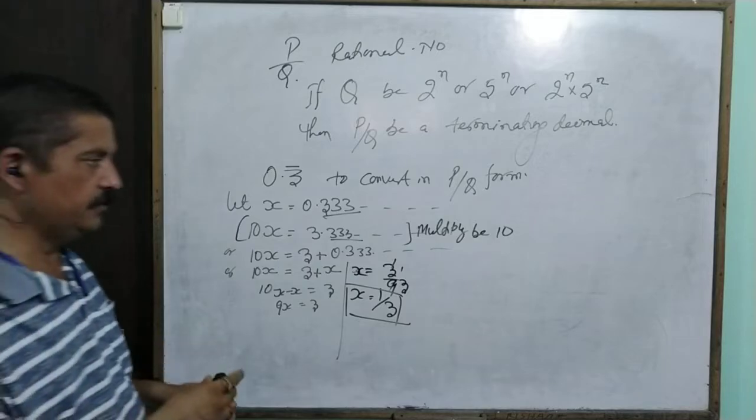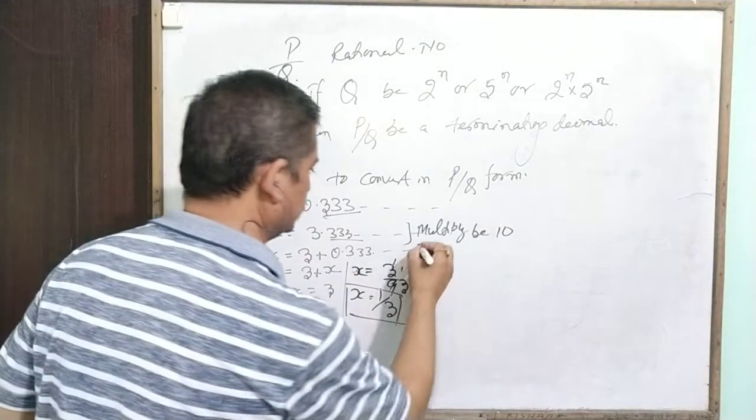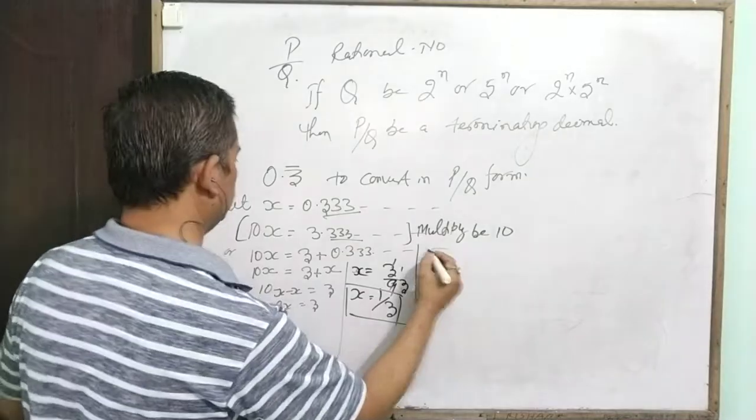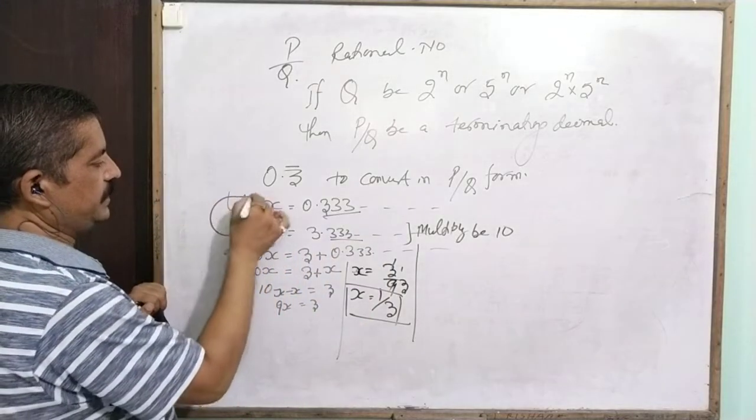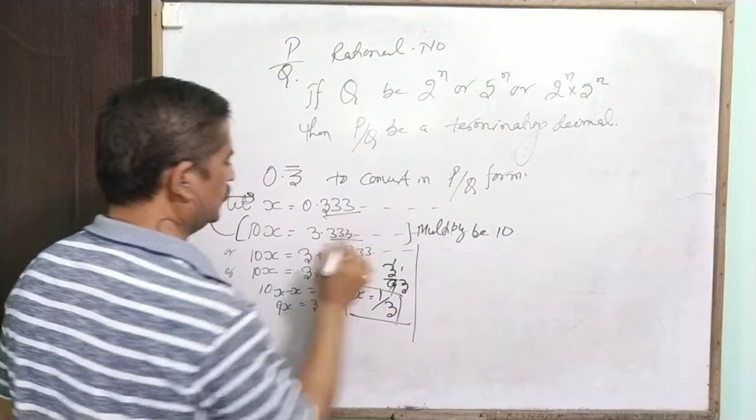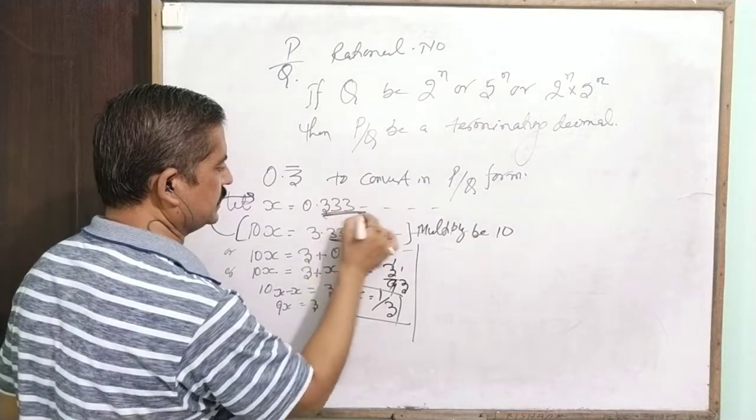In that case you can solve the question by subtracting, 10x minus x, because both have the same decimal part.